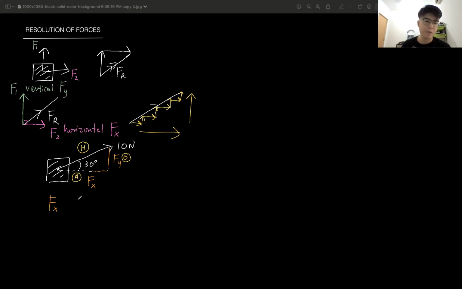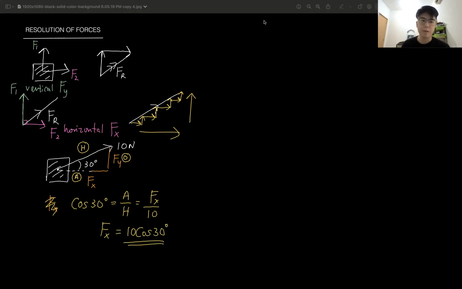So I take cos 30 equals to, right, Fx over 10. Then move this one over there, I get Fx equals 10 cos 30. That is my horizontal component.